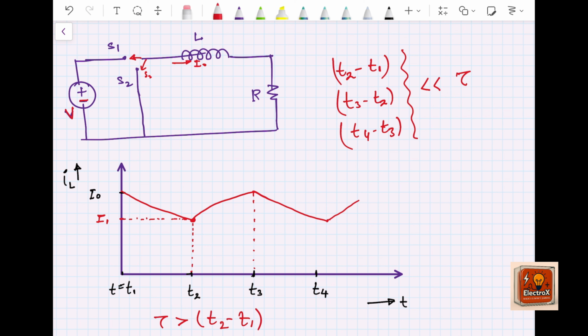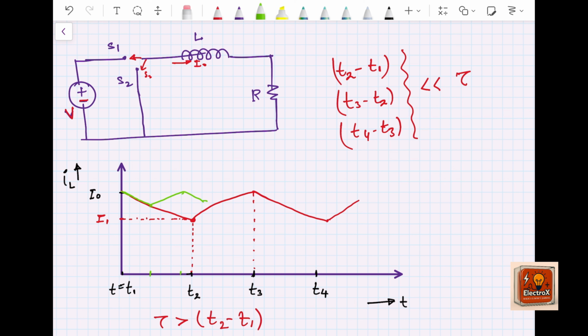Then we can approximate this nonlinear behavior of the current profile, which is exponential in nature, as a linear profile. So if these intervals start decreasing, let us say like this, then the current will decay from here to here, and it will again start rising from here to here, and this will be further continued.